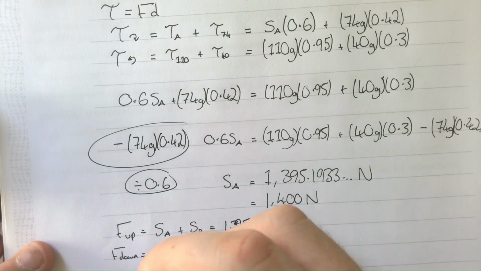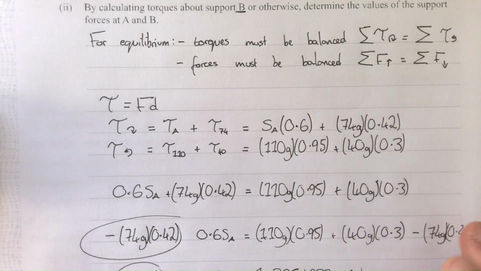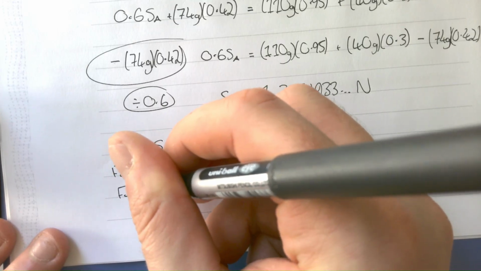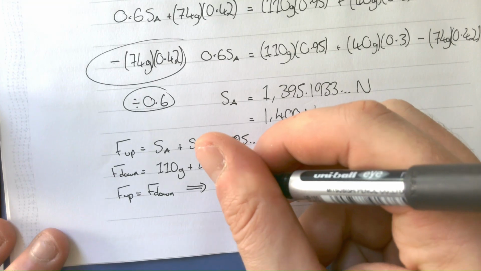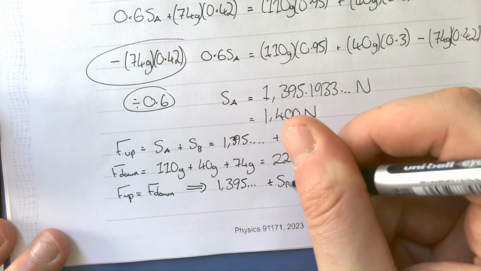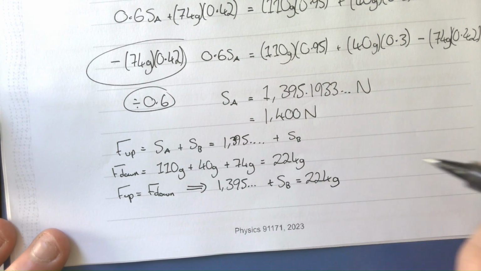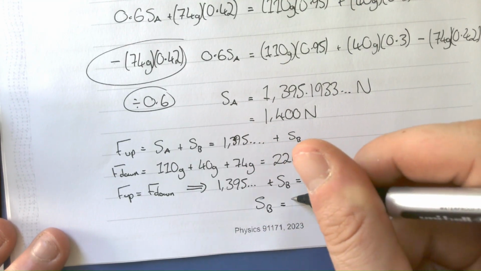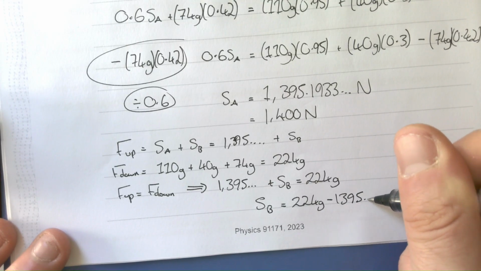Long and short of it is that because my F's up must equal F's down, I have that 1,395 plus SB is equal to 224 lots of 9.8. Therefore, SB is equal to 224G minus 1,395.